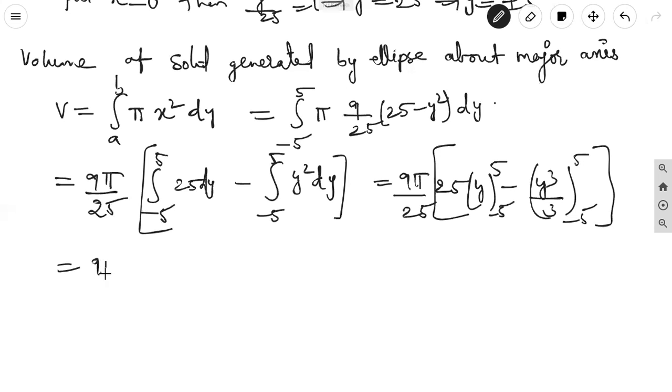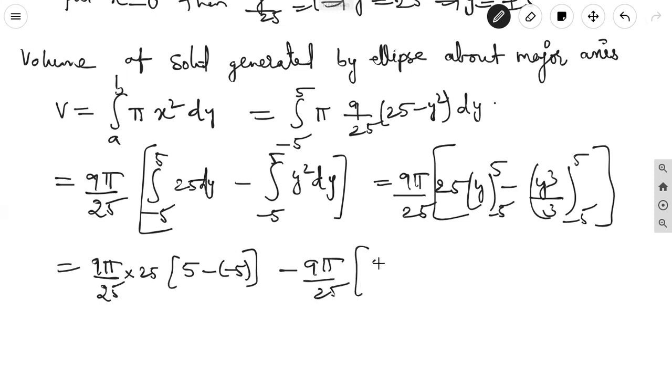It is equal to 9 pi by 25 into 25 times (5 minus minus 5), upper limit minus lower limit, minus 9 pi by 25 times (5³/3 minus (minus 5)³/3).